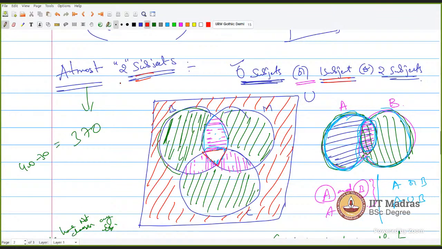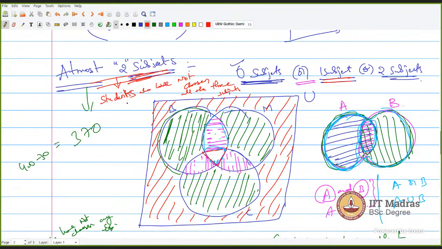So the complement statement for at most two subjects is, the same statement I can say like this: students who have not chosen all the three. This at most two subjects is the same as saying the number of students who have not chosen all the three subjects.